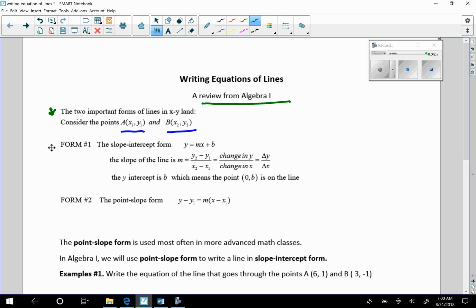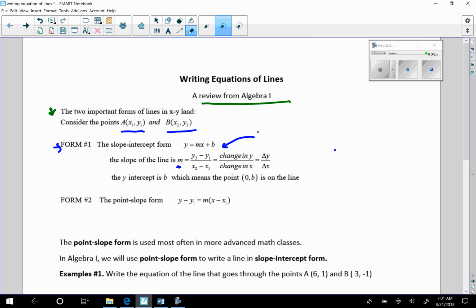Here, in the slope-intercept form, we have the slope of the line m, which is equal to the change in y over the change in x, the change in y being y sub 2 minus y sub 1, over x sub 2 minus x sub 1. This is the formula that you all are very familiar with, but again, worth reviewing. The y-intercept is b, which means the point 0, b is on that line.